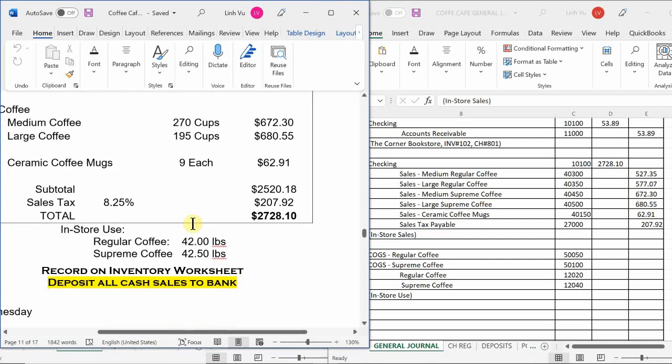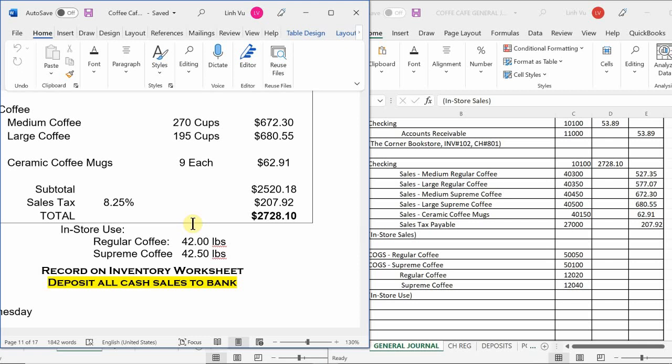Okay, so we already deposited the money into the bank. Now we need to record on the inventory worksheet. In this case, when we sold, or used, we used 42 pounds of the regular and 42.5 pounds of the Supreme.